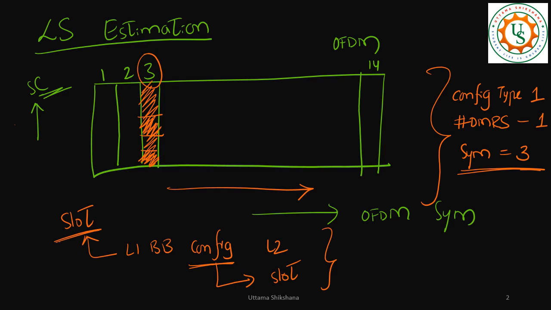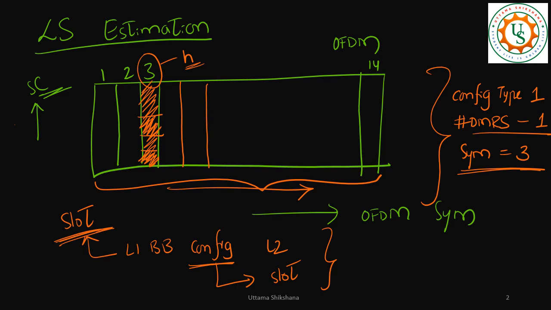Since for this particular slot the configuration is constant, and for now we have only one DMRS, we need to definitely make an assumption that for this entire slot the channel estimates are constant. So whatever you have estimated at symbol number 3, you have to use the same channel estimates across other symbols to decode the data.